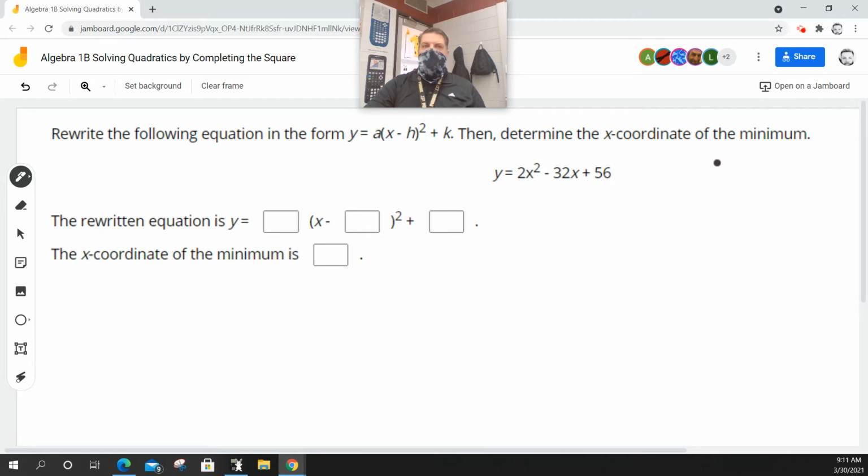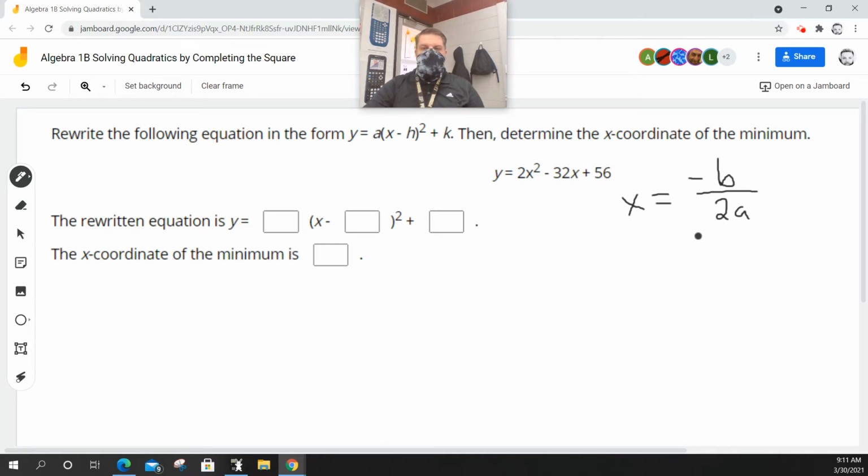So we know that negative b over 2 times a gives us our x coordinate, the minimum or maximum, depending on what it is that you have.